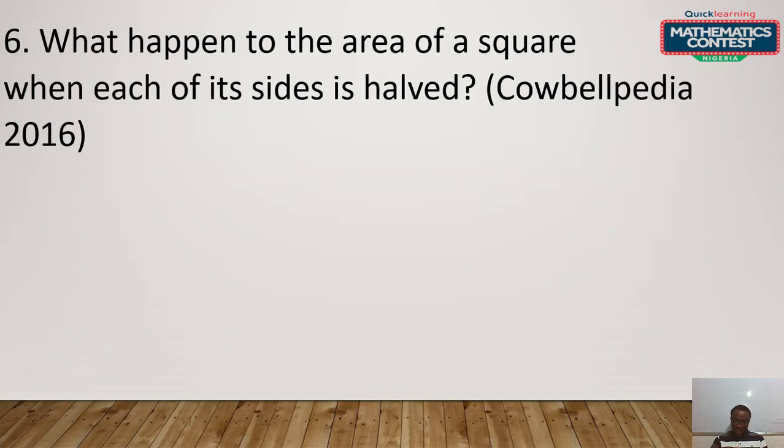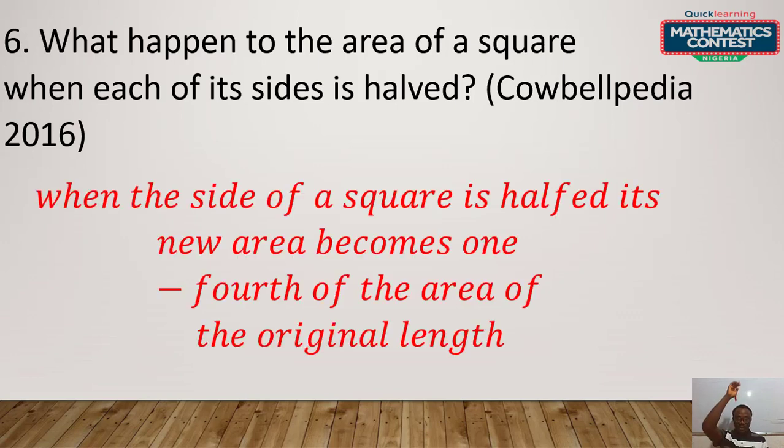Now you will observe something: when the side is halved, the area of the small one is 1/4 of the area of the original square. I trust you understand what I'm saying. So that is actually what the question is trying to get at. So what happens to the area of this square when its side is halved? Now look at my statement.